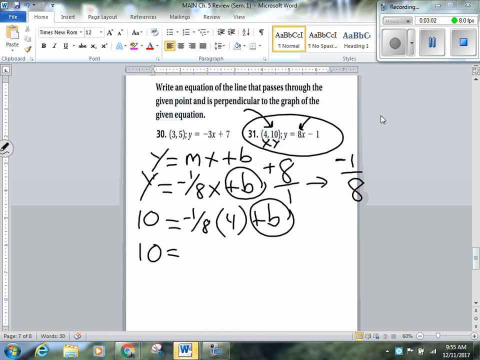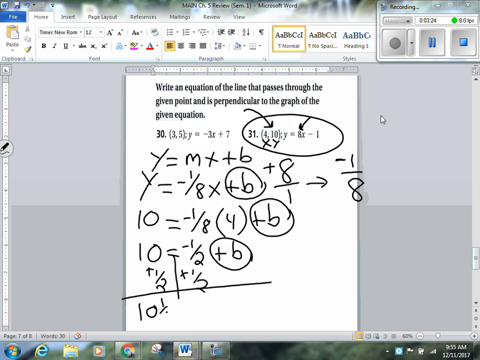10 equals -1/8 times 4 is -1/2 plus b. I want to get that by itself, so I need to add 1/2 to both sides. And the final answer is 10 and 1/2. Those cancel.